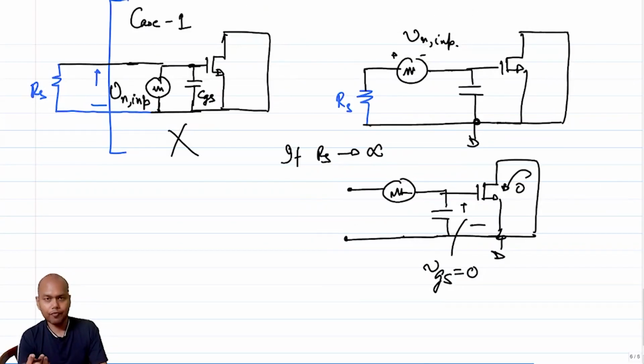Again, I would like to emphasize that this is an incremental model. I am not showing the biasing transistor, the biasing equivalent, so it is assumed the transistor is biased. Incrementally, the input is open.